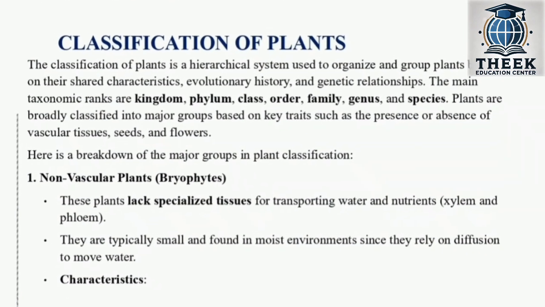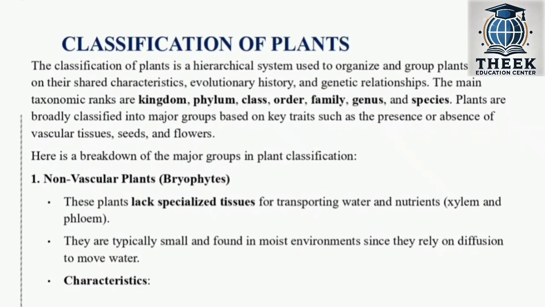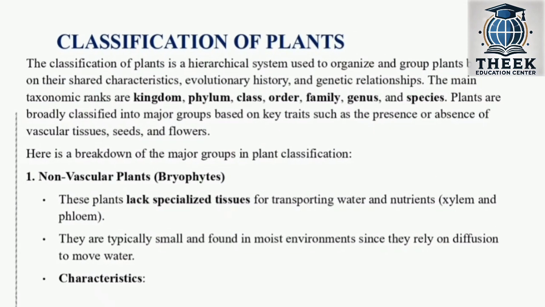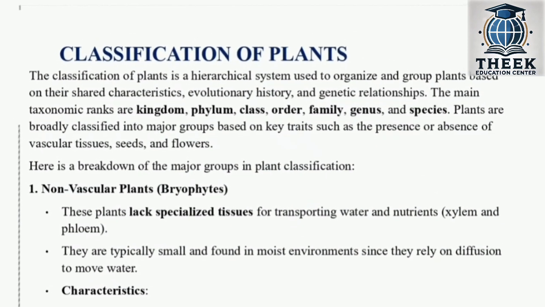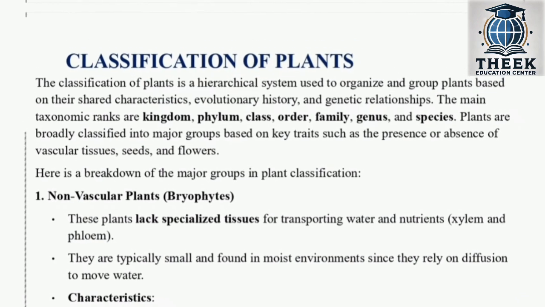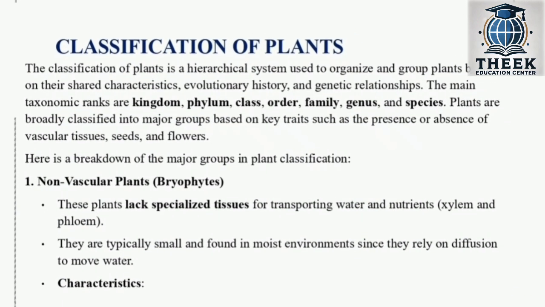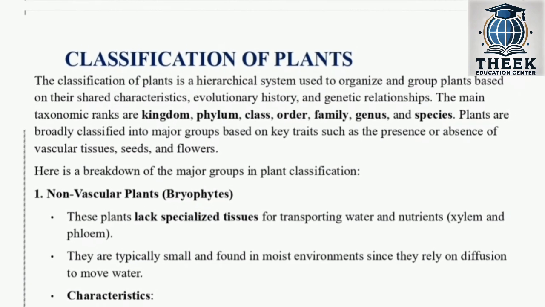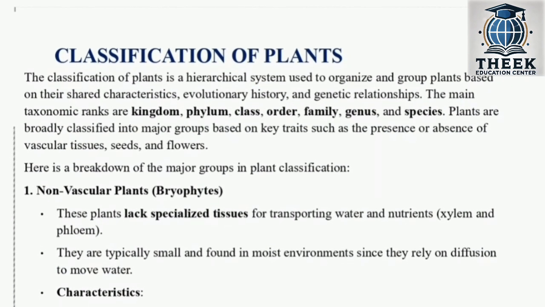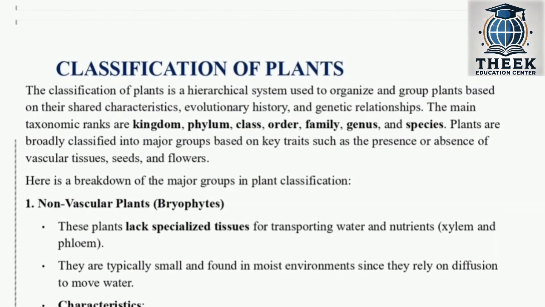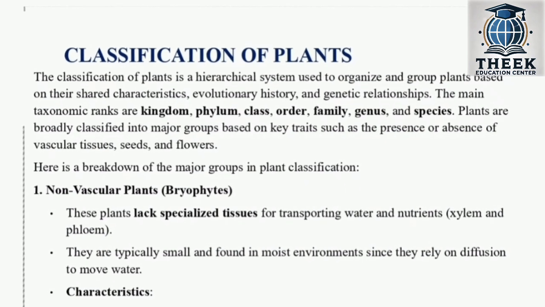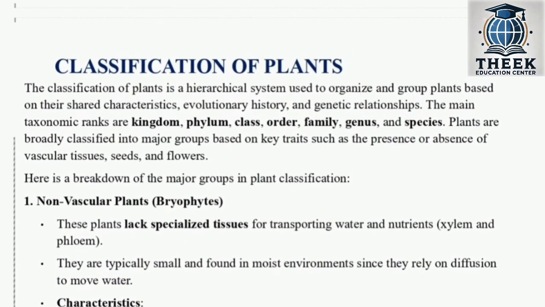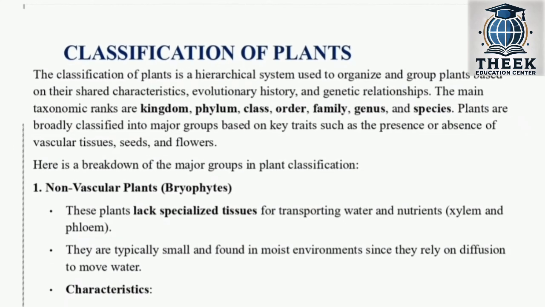So plants are broadly classified into major groups based on key traits such as the presence or absence of vascular tissue, seeds, and flowers. So the major features we are going to look at when classifying these plants is the absence or presence of, one, vascular tissues. Of course, we have plants that have the vascular tissues.